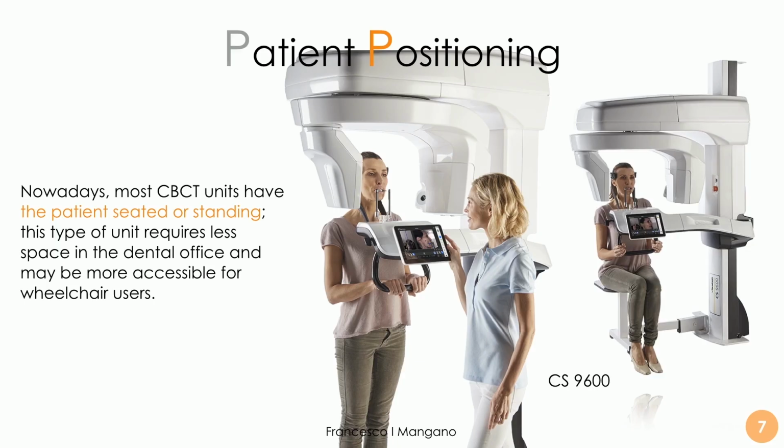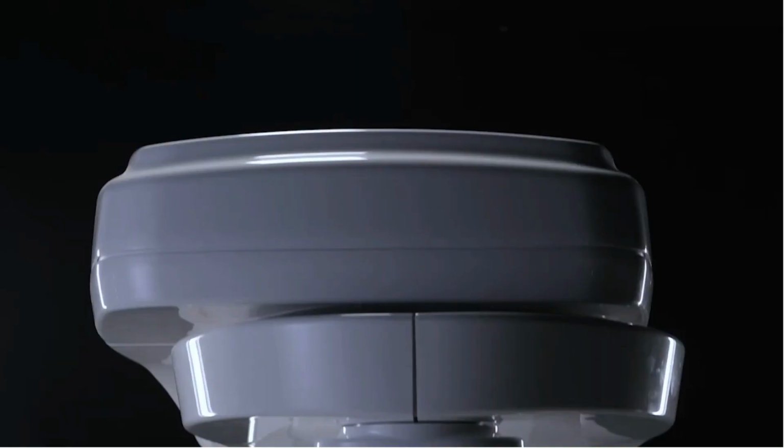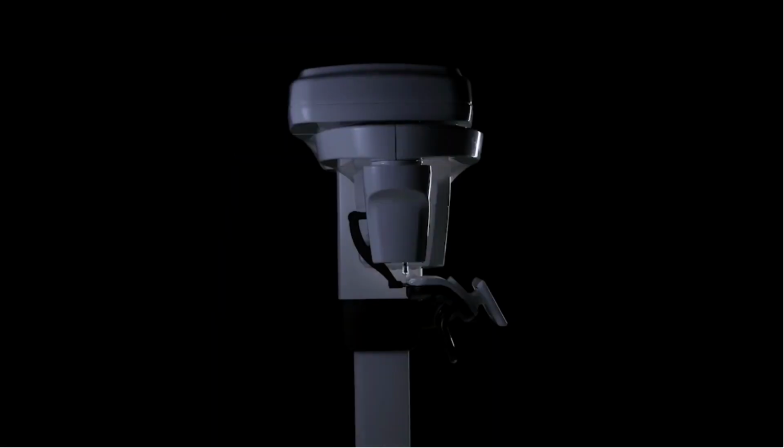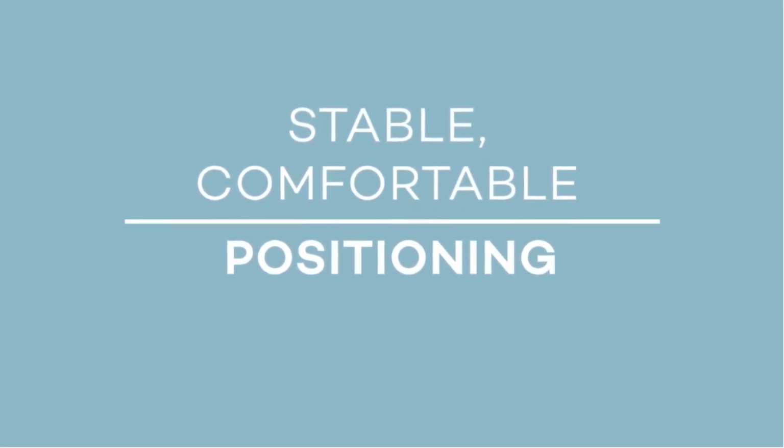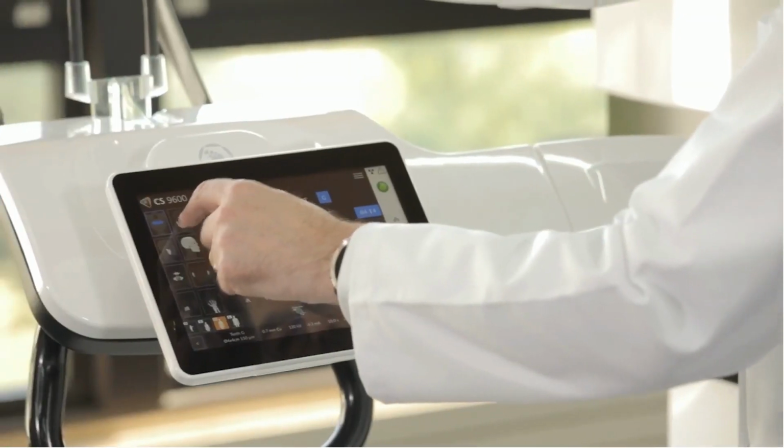Now things have changed a little bit because we have more options, of course, and we can have the patient seated or standing. And it is interesting because the units globally require less space, and they are more accessible and also easier to use. This is the CS9600 from Carestream Dental. And this video shows how easy it is today to have a comfortable and stable positioning of our patient.